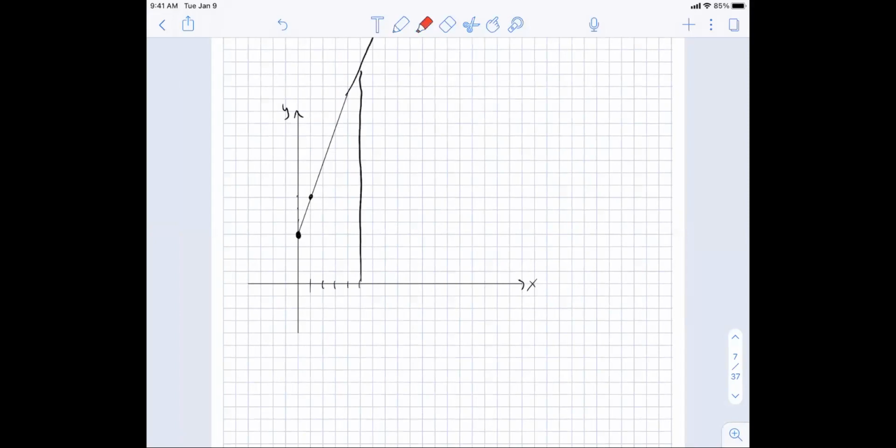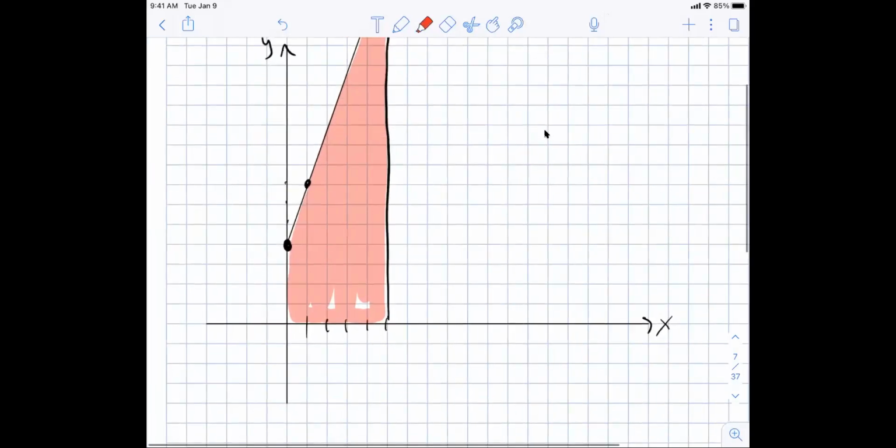So I'm trying to find this area. Really, we don't need to approximate this. There's a couple of ways that we can find this area. If you know off the top of your head the area of a trapezoid, that's all this is.